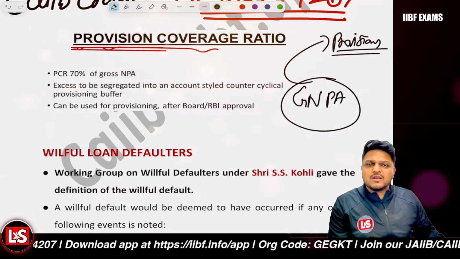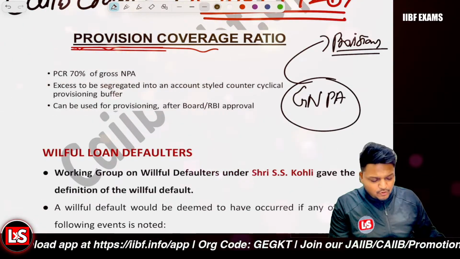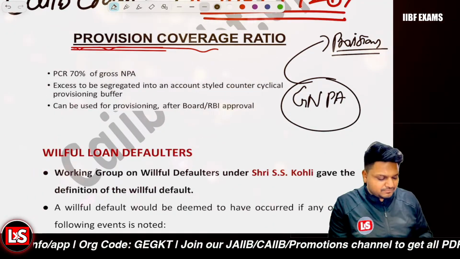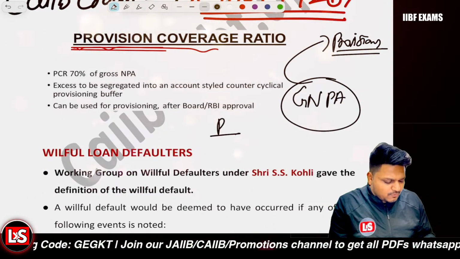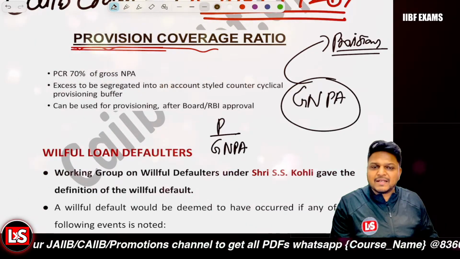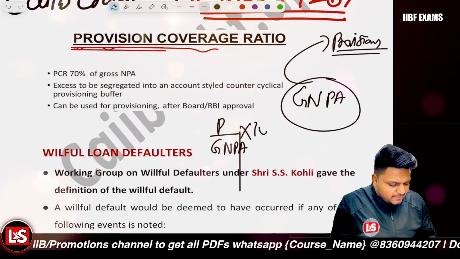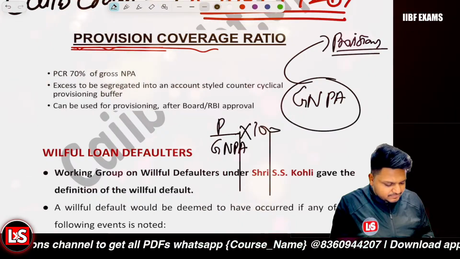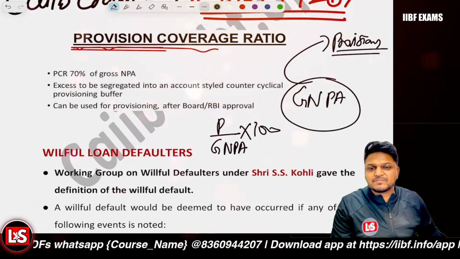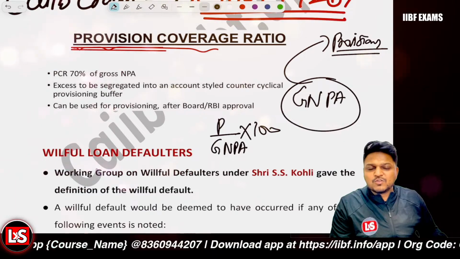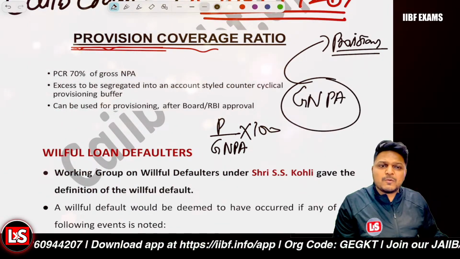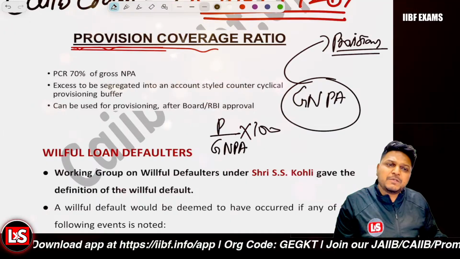That is your PCR. The formula is very simple. It is total provision divided by the gross NPA, multiplied by 100. That's it. So what do we mean by total provision? Total provision means the provisions made for the NPA.